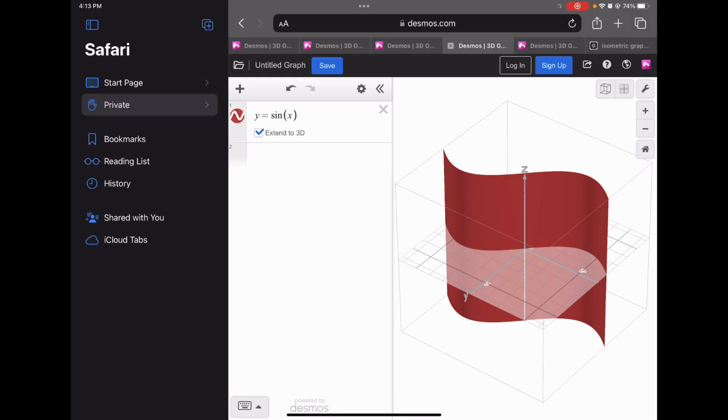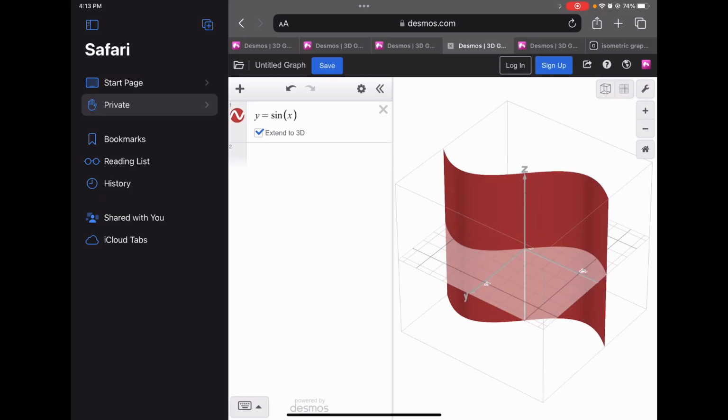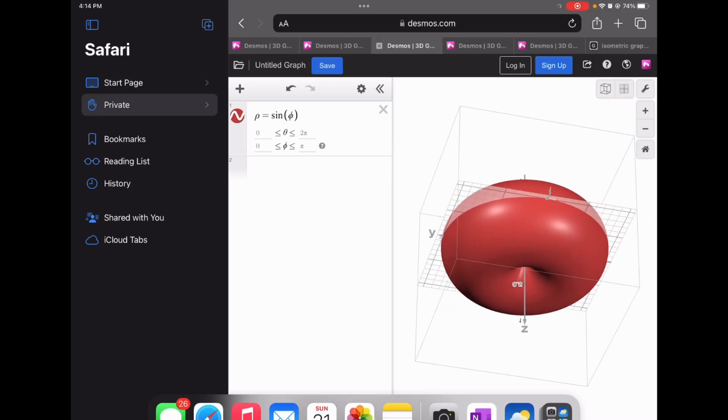So if you try to graph one formula and swap out the variables to make them relevant to the specific parameters you're using, whether Cartesian, cylindrical, or spherical, you're going to get different shapes. So that's just the general idea of that.